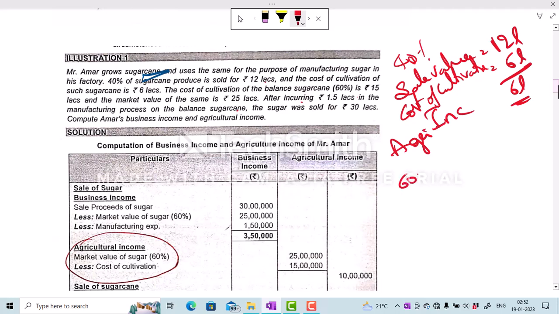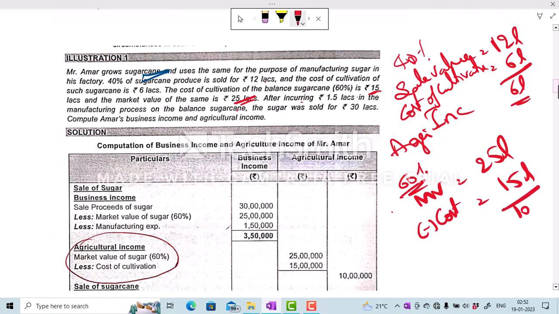Next, for the balance 60%, see here, cost of cultivation is 15 lakhs. Market value is 25 lakhs. So market value 25 lakhs minus cost of cultivation 15 lakhs, this 10 lakhs will also be agriculture income.